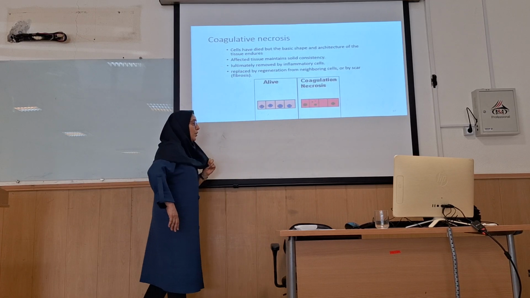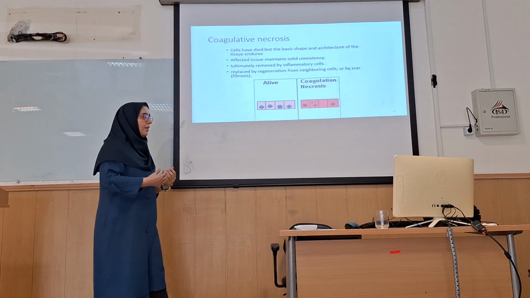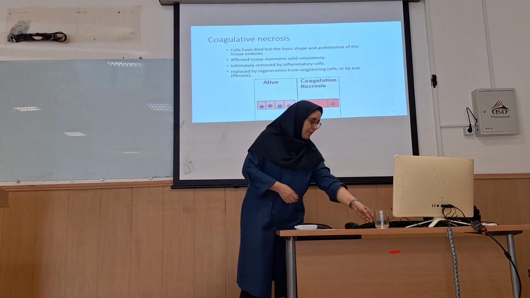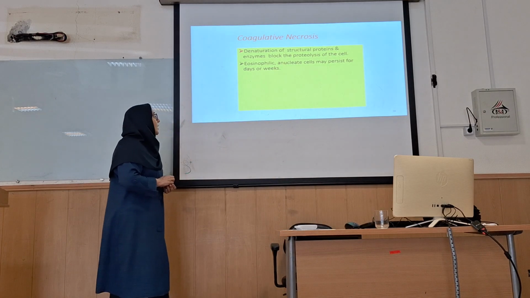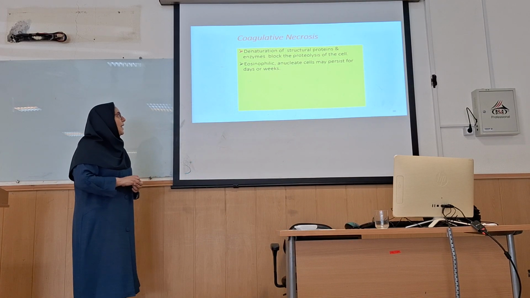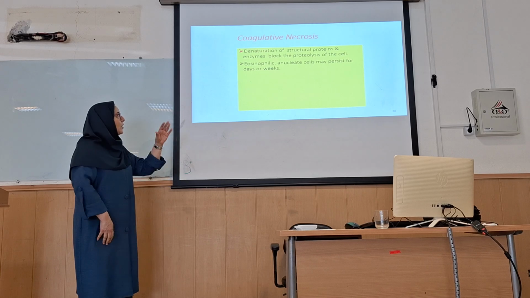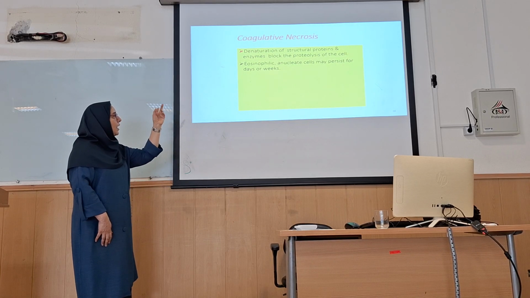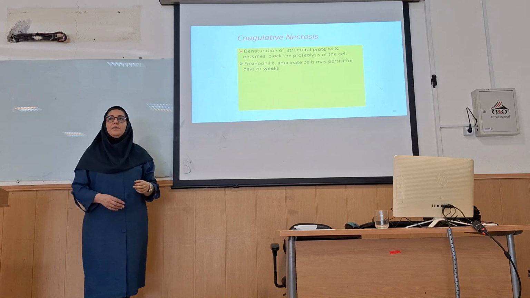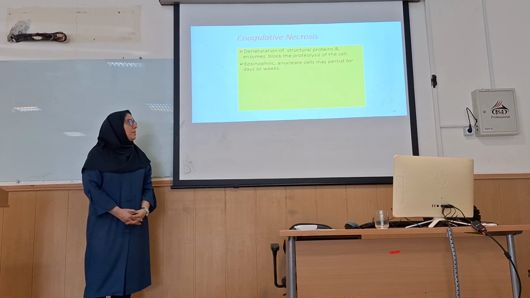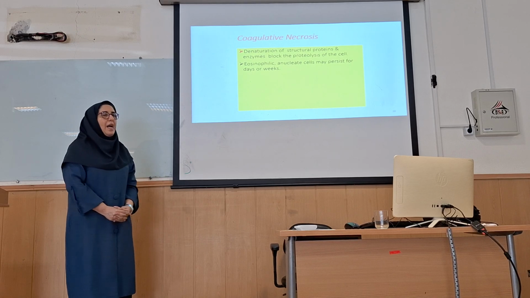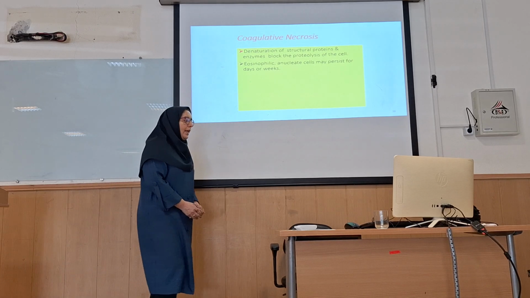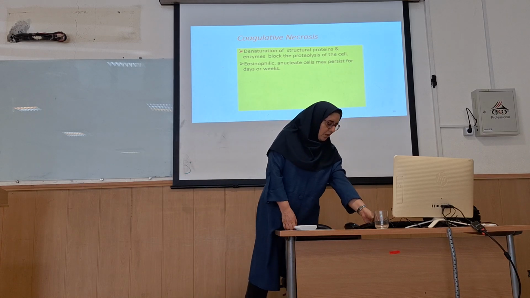Okay, the cell is necrotic, but its shape is present. In coagulative necrosis, the dominant pattern is denaturation of structural protein and enzyme. Then we have denaturation of enzyme, so enzymatic digestion is blocked for a few days. We have eosinophilic enucleated cells, but the cell shape is present.